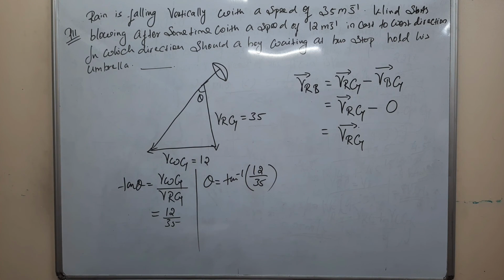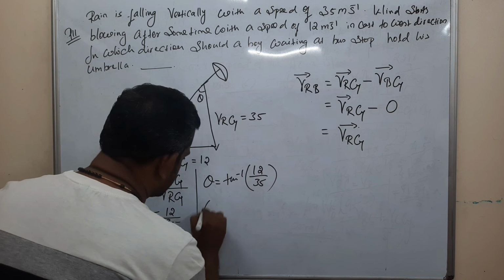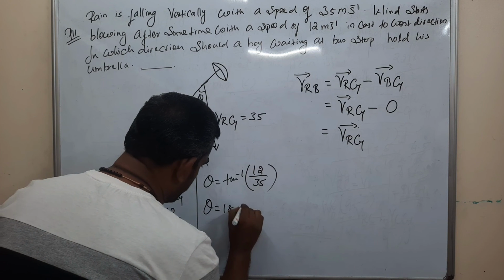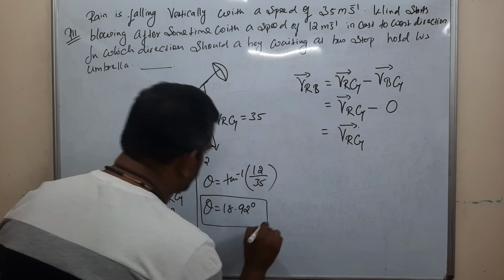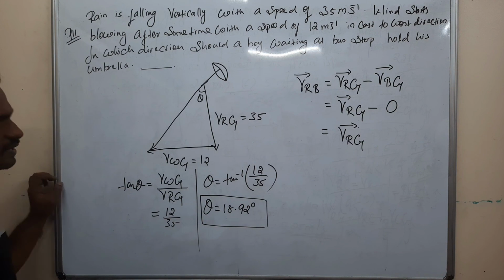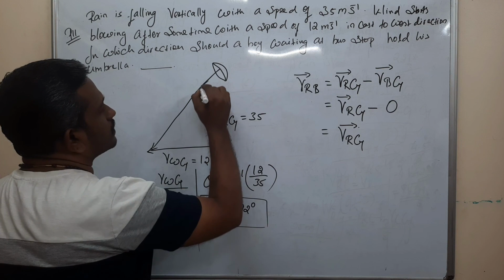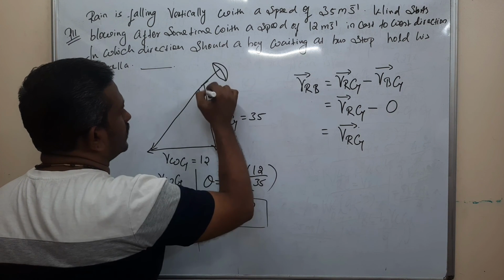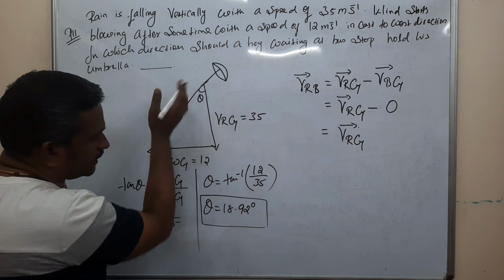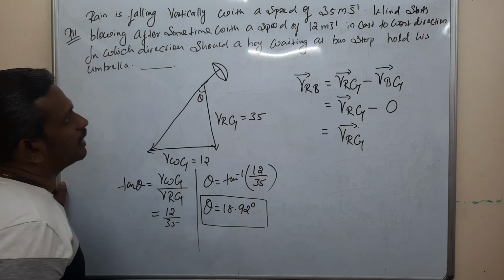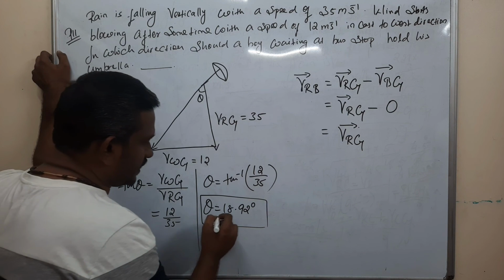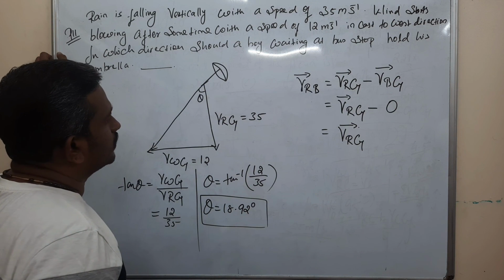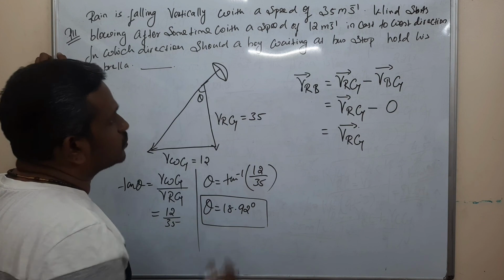So the value is theta equal to 18.92 degree. So what is the answer? The umbrella should be held at 18.92 degree with the vertical towards east.